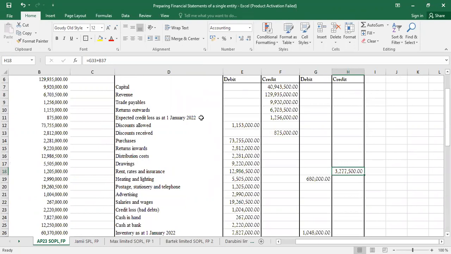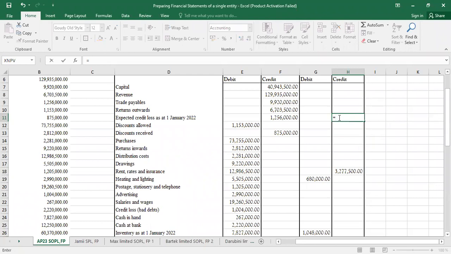Remember, expected credit loss is a contra asset, same as depreciation. The allowance for doubtful debts reduces the accounts receivable. But here I'm being given the closing balance, so I want to know the difference because it's an adjustment. We are not on the adjusted trial balance.